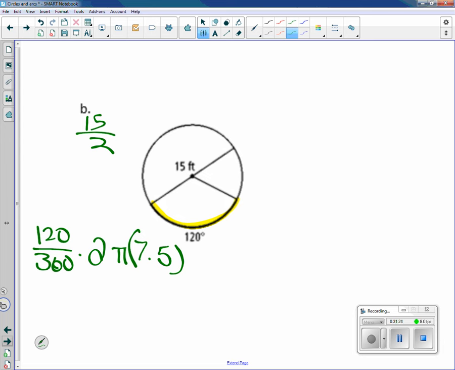Everybody put it in your calculator. Come on, Jason, in your calculator. You're putting it in out of order.